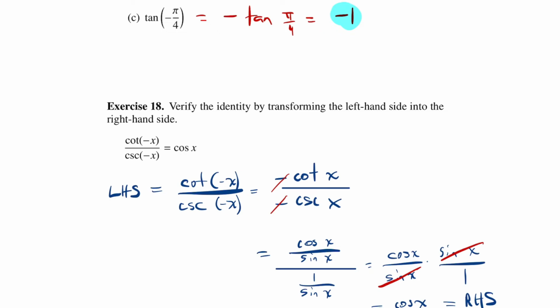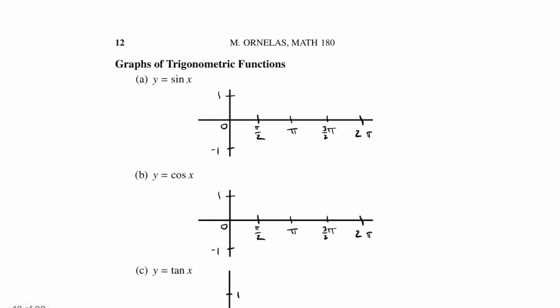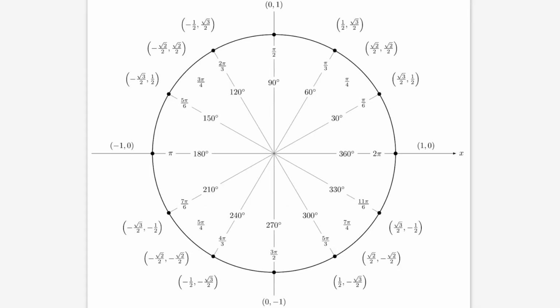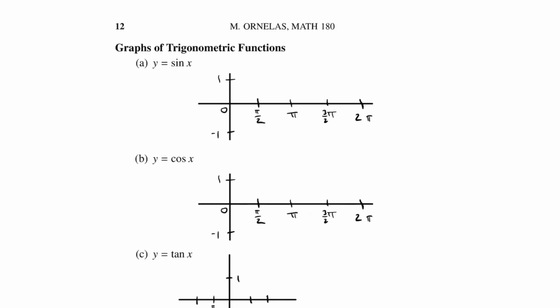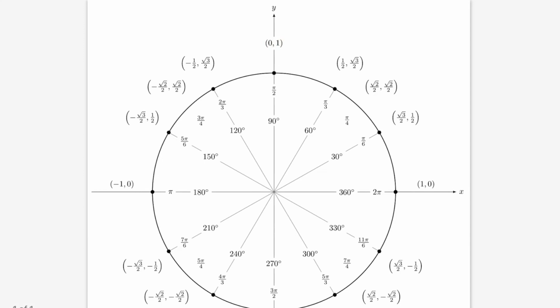All right, the last page on these in this section is the graphs of sine. So we can use our unit circles. So the sine of 0 is 0. The sine of pi over 2 is 1. The sine of pi is 0.